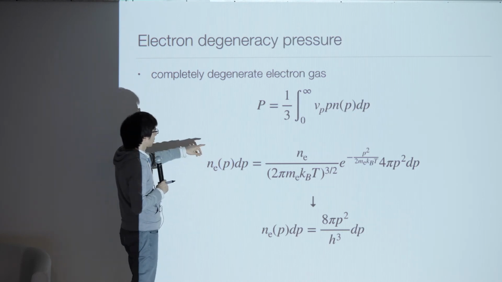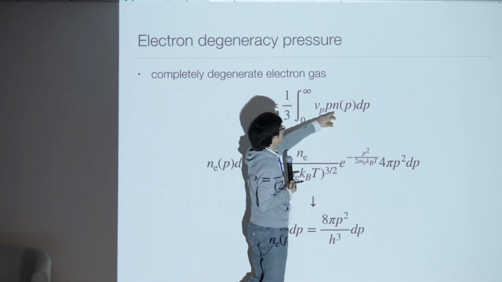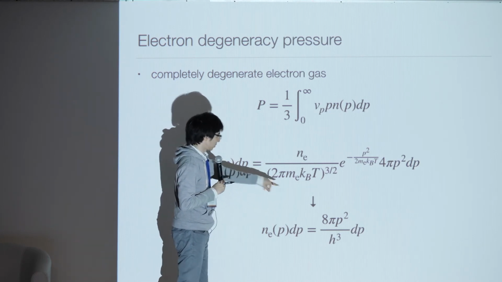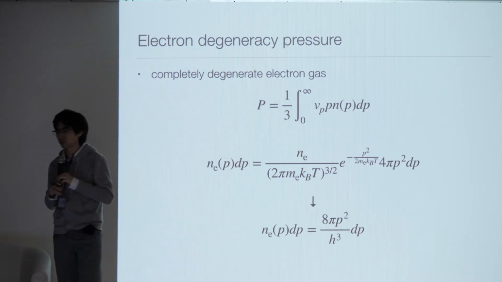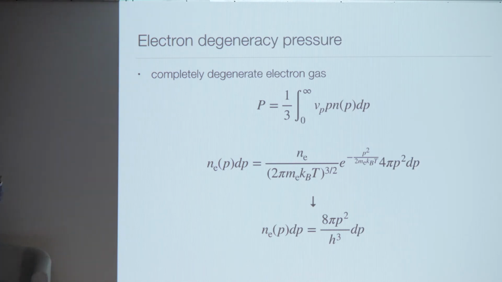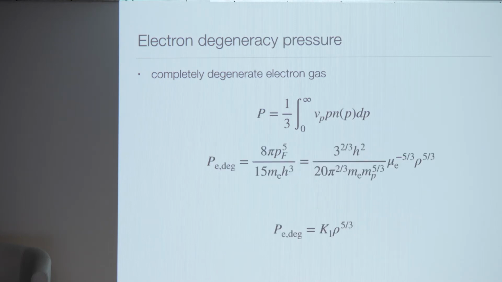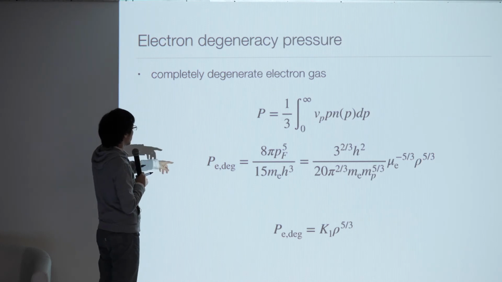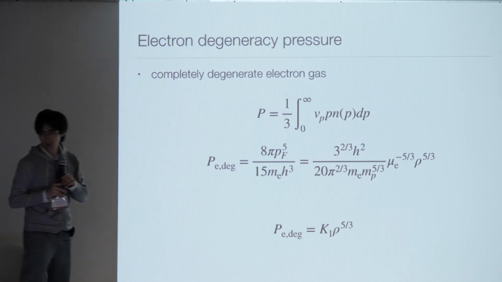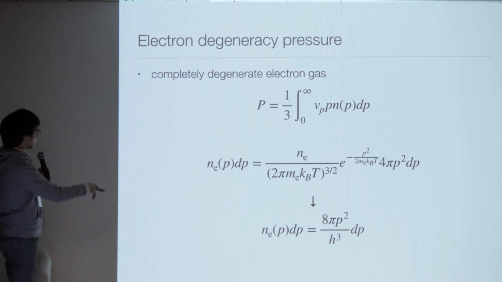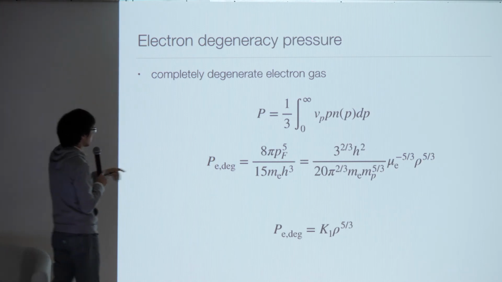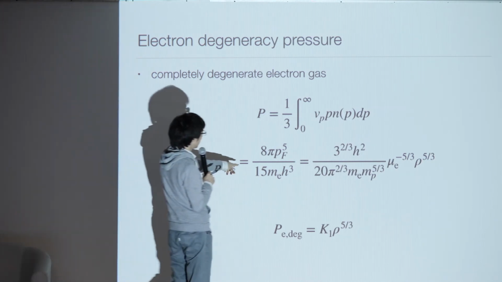But now we got a different expression for this number density. So instead of this one, we now put this one to get the new equation of state for the electron degenerate pressure. Then you simply put this one, and you can easily calculate this pressure, and that will be given in this way.